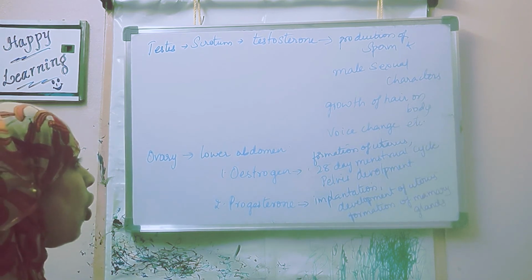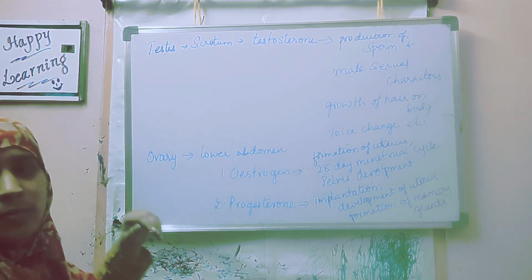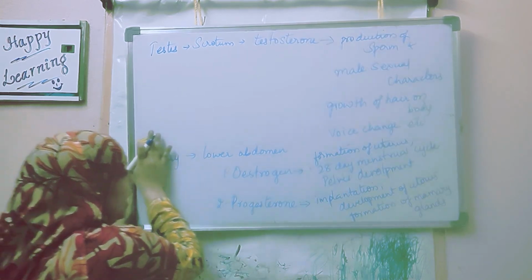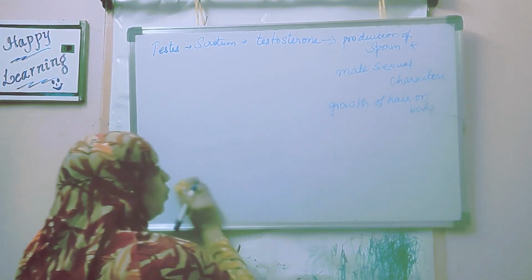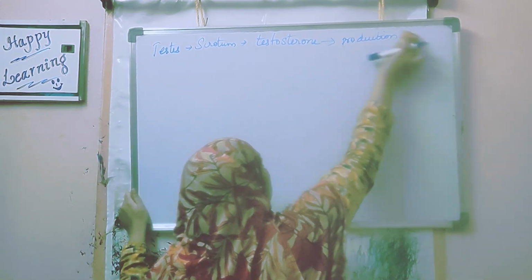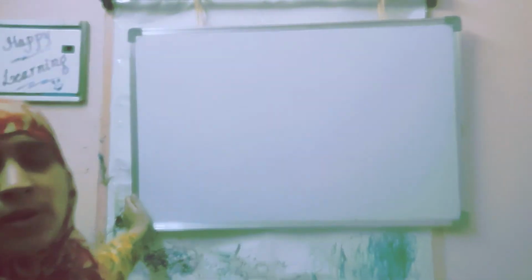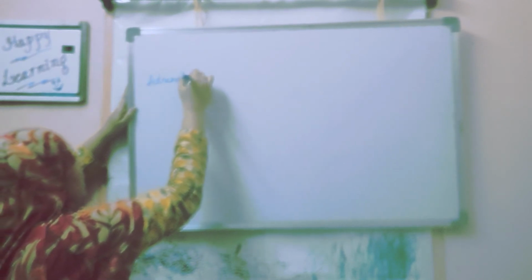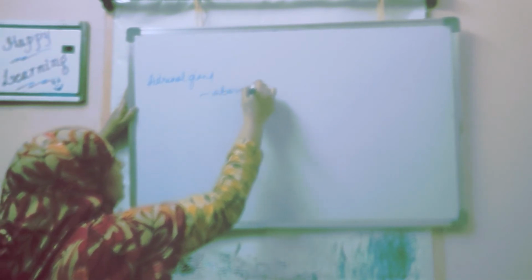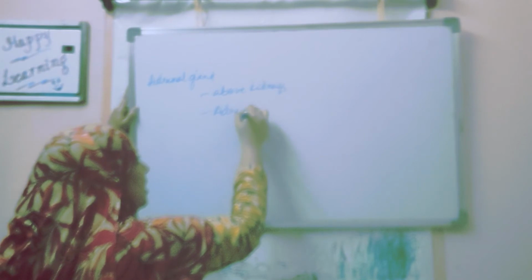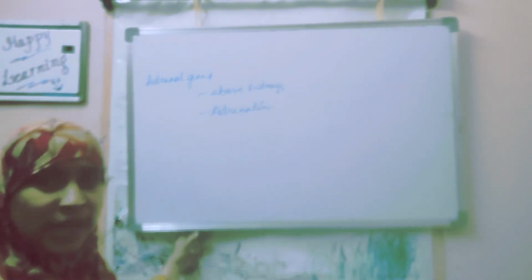And the last hormone is from adrenal glands. Where is it present? Above the kidneys. Adrenal glands are present above kidneys, and they release the hormone called adrenaline. We have discussed adrenaline is a fight or flight hormone.